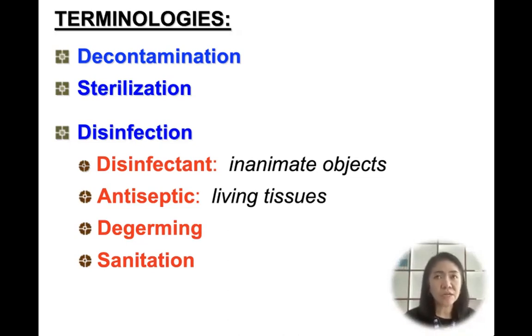Sanitation involves making sure your environment, your living quarters, is devoid of materials that may carry infectious contaminants. Like with comfort rooms, you sanitize and clean them. Or our waterways and canals, we sanitize them by removing the garbage there. That's also part of sanitation.